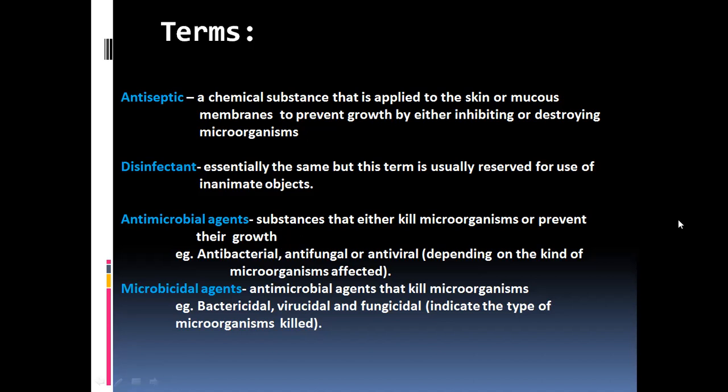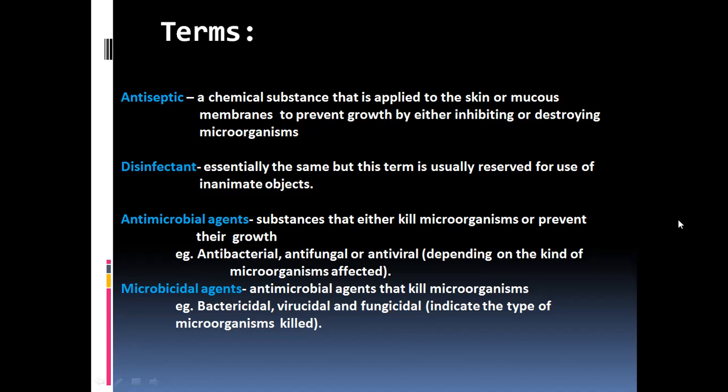Then microbicidal agents, antimicrobial agents that positively kill the microorganisms. Those are referred to as microbicidal agents.